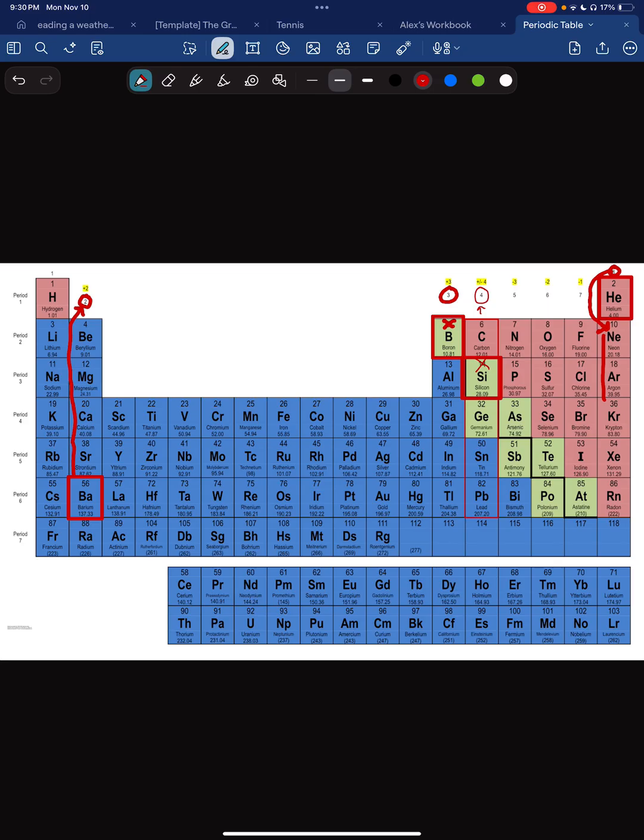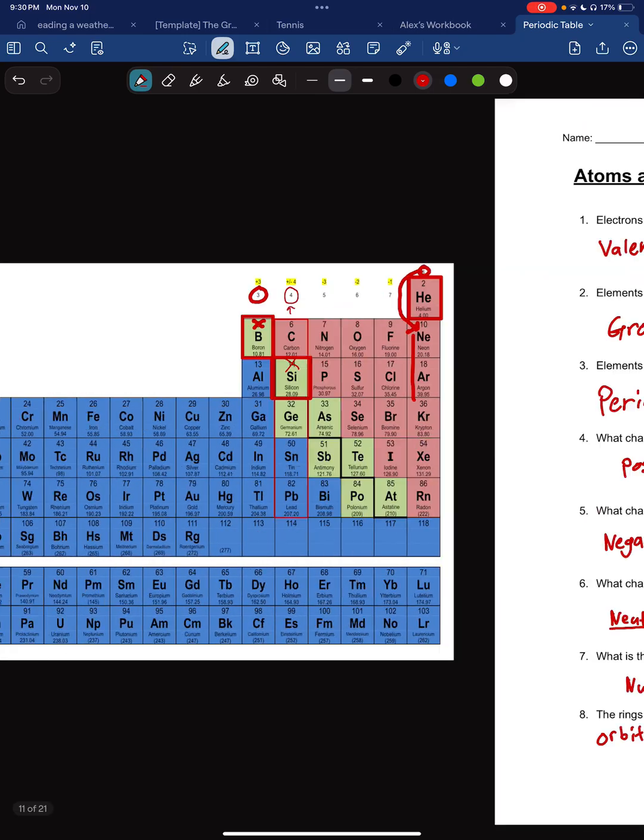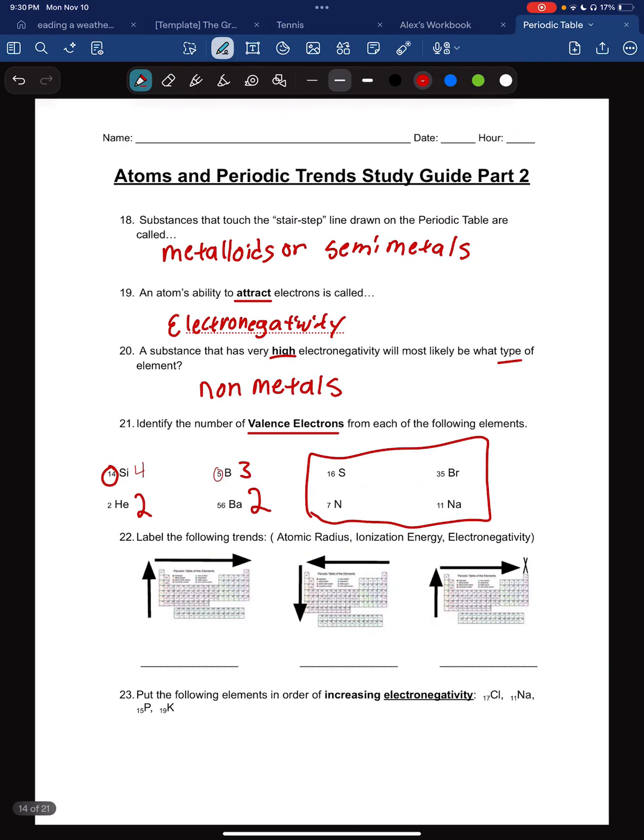So in our first period, helium has 2 valence electrons, and that fills up the full orbital. So helium will only have 2 valence electrons, or 2 electrons in general. If that doesn't make sense, please let me know, and we can talk about it later.